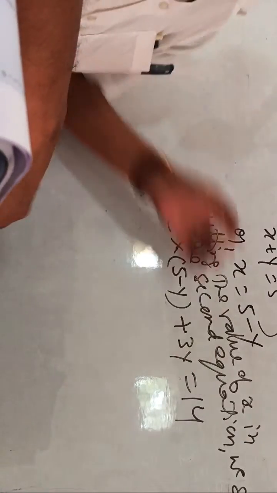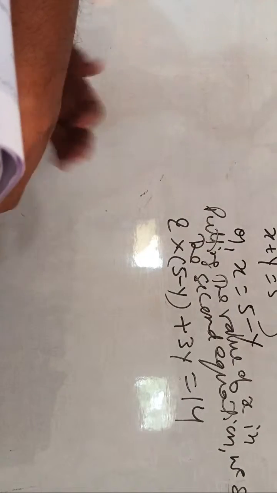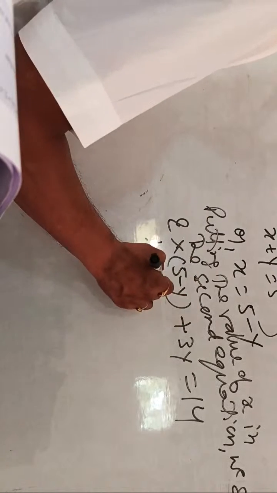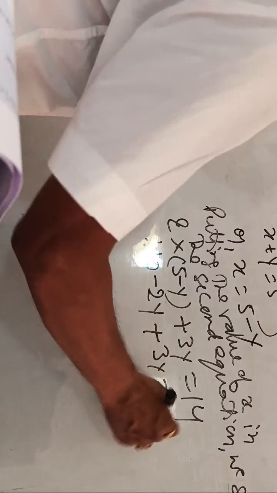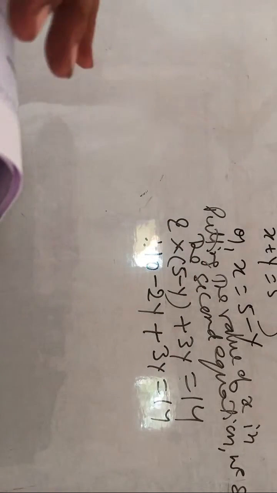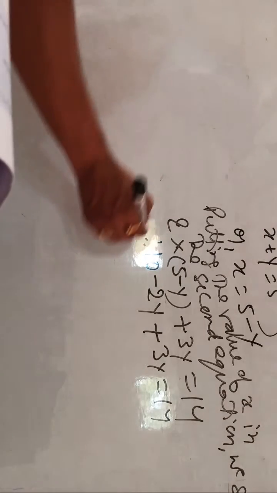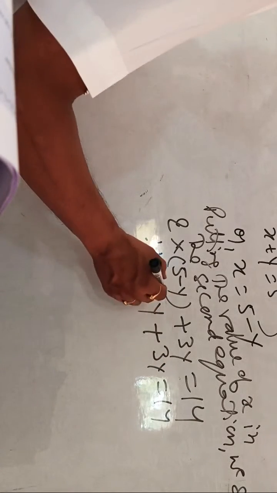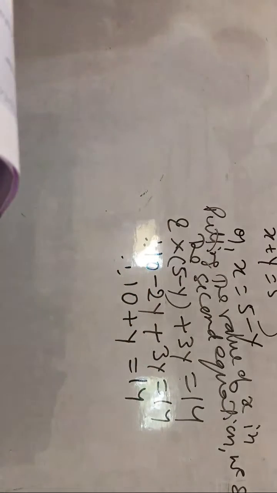Now only y is present here, so we can find the value of y. 2 into 5 is 10, minus 2 into y is 2y, plus 3y is equal to 14. So 10 minus 2y plus 3y, that is 10 plus 1y is equal to 14.